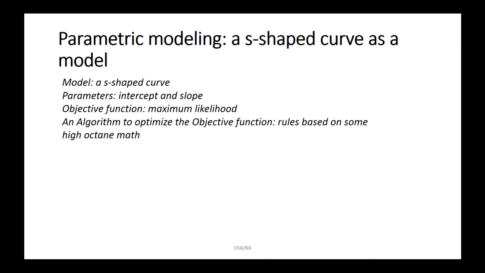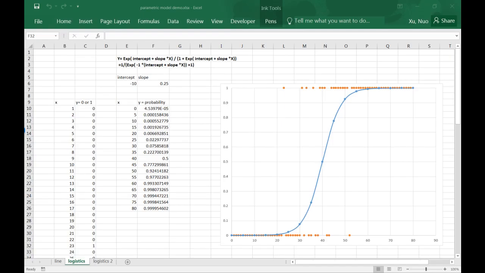Let's now use a model that is slightly more complicated than a straight line, an S-shaped curve that is capped between the values of 0 and 1. Let's go back to the same Excel file for demonstration. In this Excel sheet, we also have two sets of points.